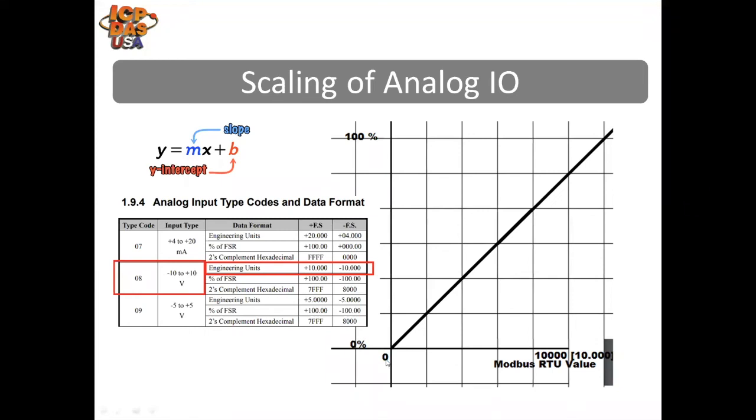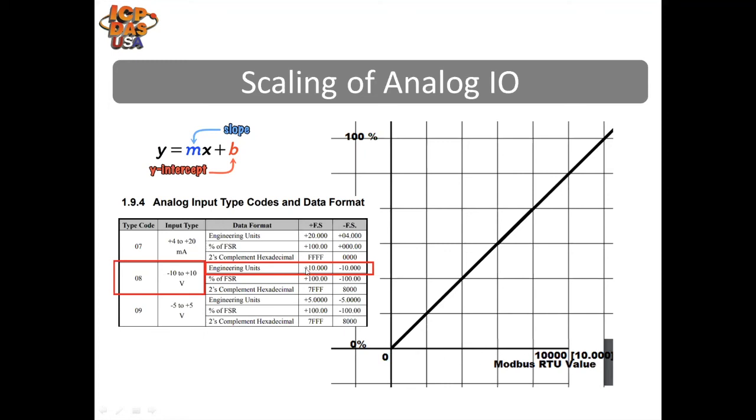So in this case, 0 volts to 10 volts is 0 to 10,000 as shown here. It's actually going to be negative 10,000 to 10,000. Modbus doesn't have decimal points, so just know that there's 4 zeros for each. So that's why it's 1 followed by 4 zeros for the positive values.